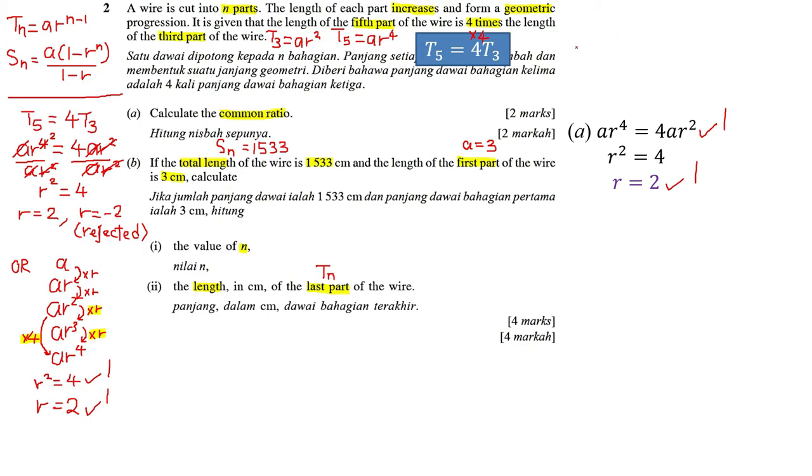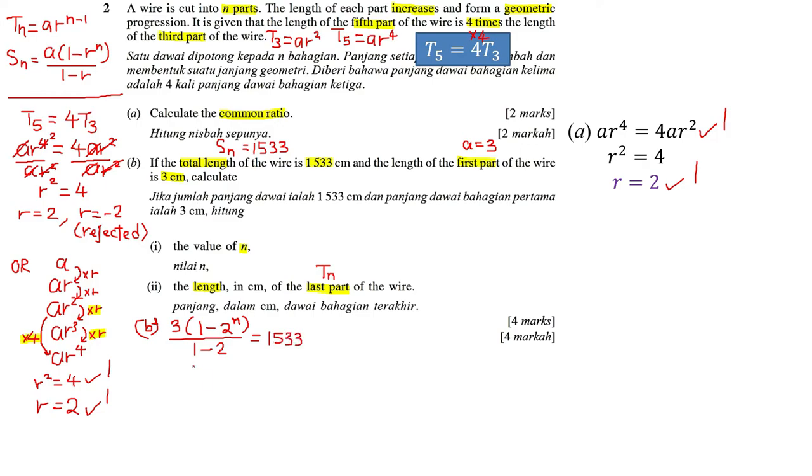Question b, we need to apply the formula of Sn. The question asks for the n, right? So now our a is 3 and 1 minus the r is 2 to the power of n, close the bracket, over 1 minus 2 equals 1533.